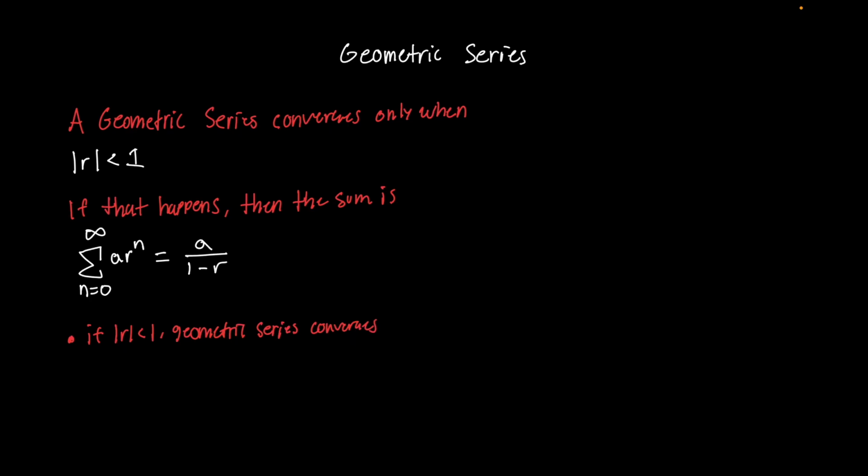And then if the absolute value of r is greater than or equal to 1, the geometric series diverges. So this rule matters because it gives us a whole class of series that we know how to solve immediately.